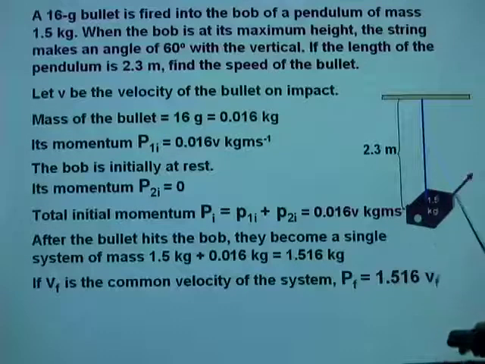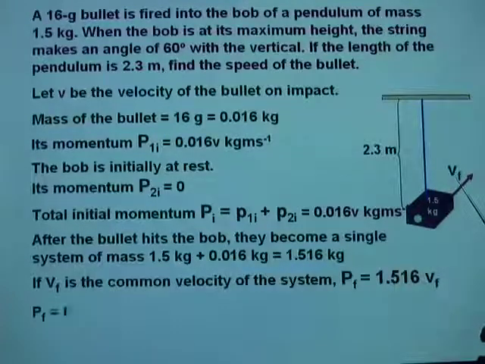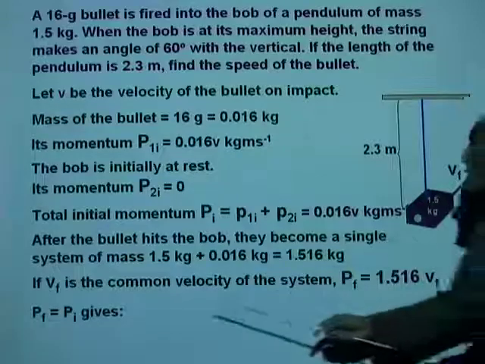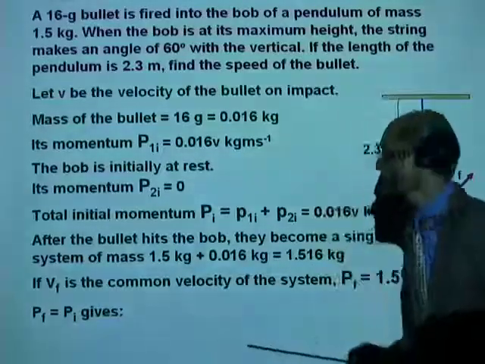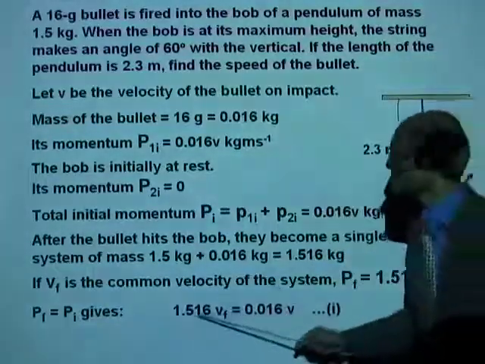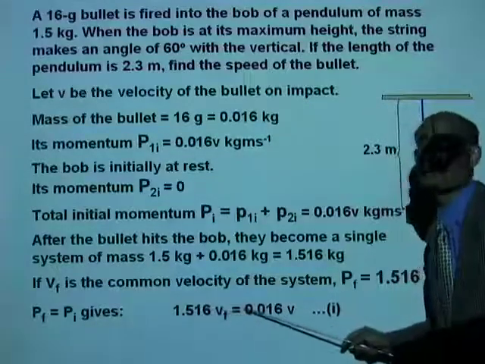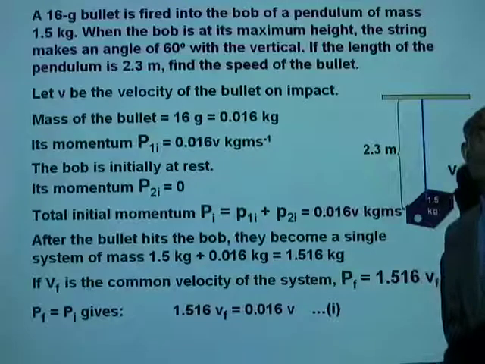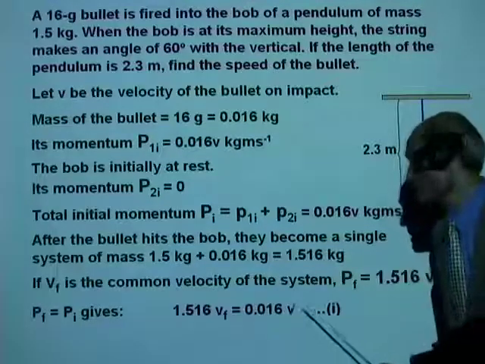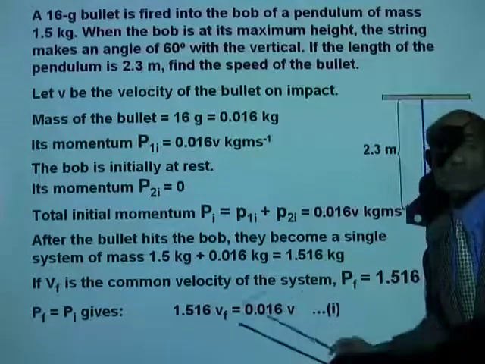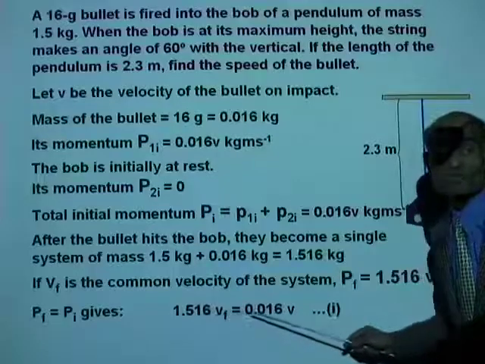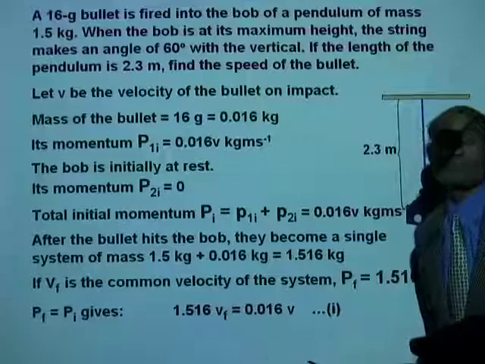Is that right? Now this is the Vf, the final velocity. Pf equal to Pi gives you this relation: 1.516 Vf equal to 0.016 V. Now we cannot solve anything from there because there are two quantities we don't know.